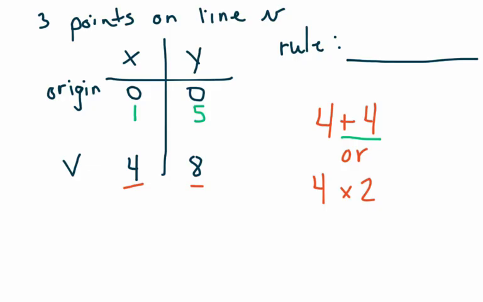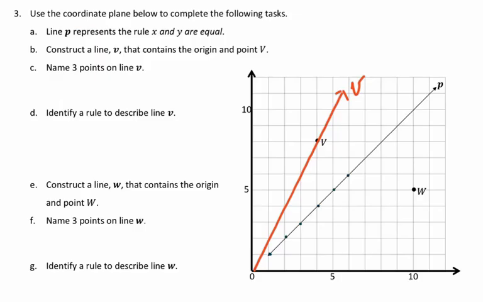So let's take that one out, and this one cannot be our rule. So let's look at 4 times 2. So let's look at the times 2 now. And 1 times 2 gives us 2. So let's go back and check here, and I have 1, which will be right here, 2. Yep, that point is on our line, so that works.